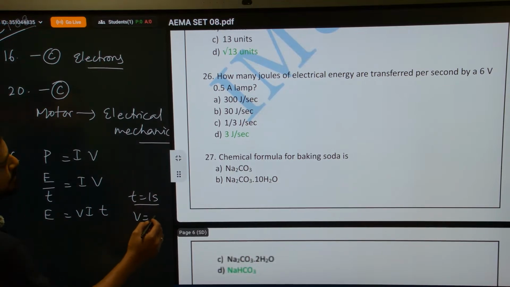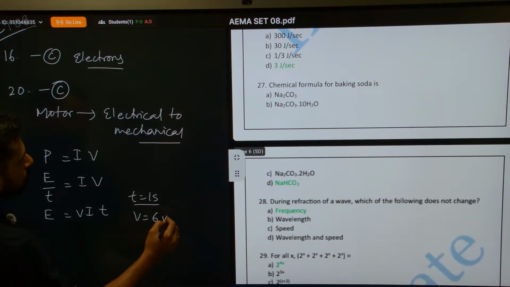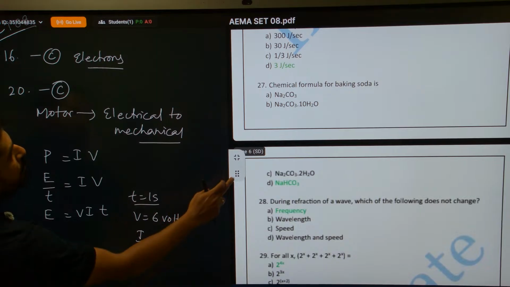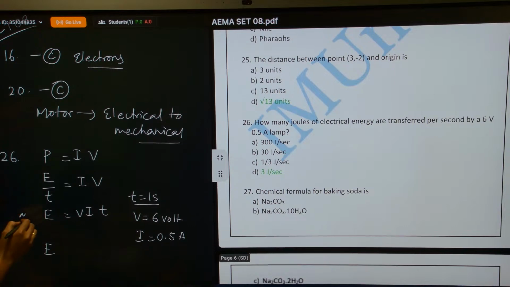Potential is given as 6 volt, current is 0.5 ampere. Just multiply these three, we'll get the answer. Six into 0.5 into 1. How much? 3. 3 joule.